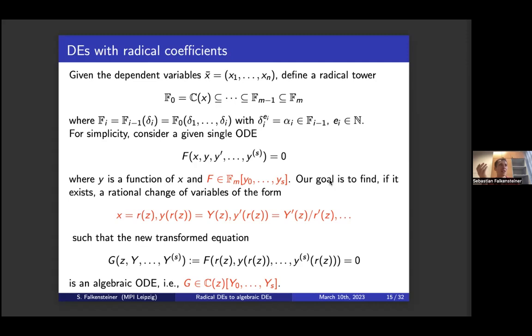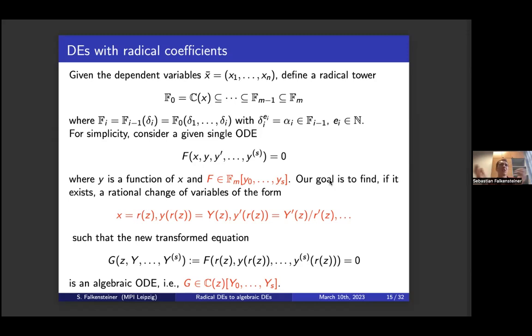Which is a relatively strict assumption, thinking of algebraic curves which are rationally parametrizable or not. If you take an arbitrary curve, there is no reason why it should be rationally parametrizable.